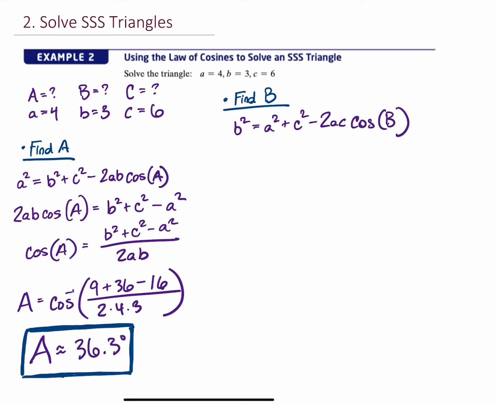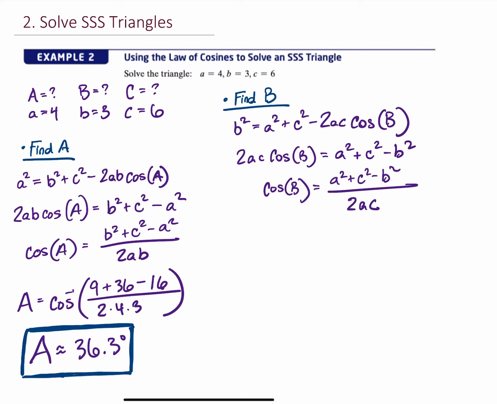I'll do the same little maneuver. I'll add this over, subtract the b squared, divide by 2ac, and take the inverse cosine of both sides.